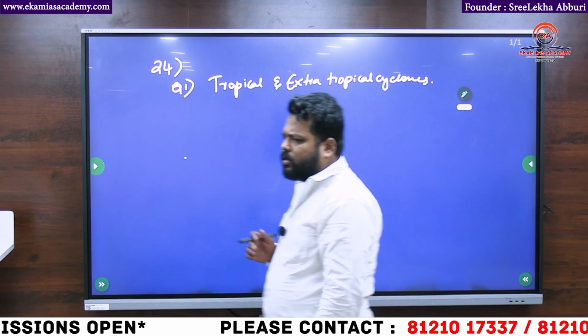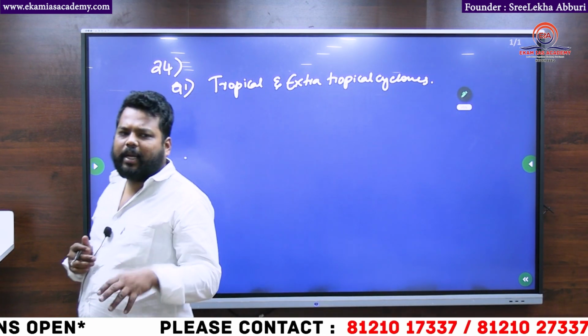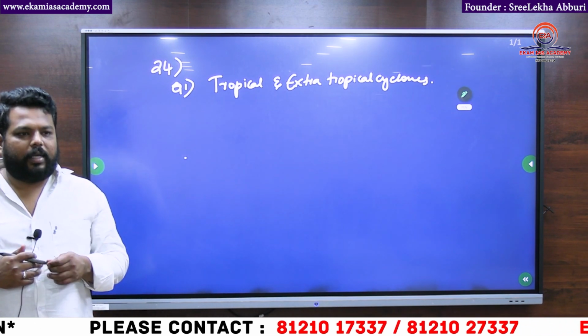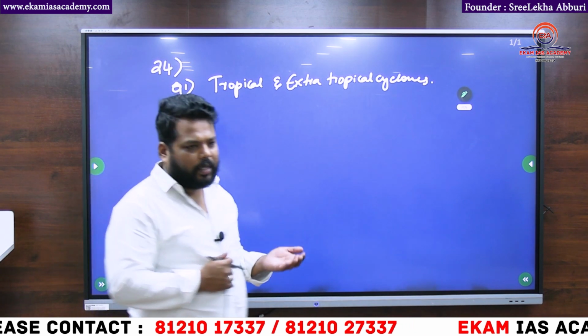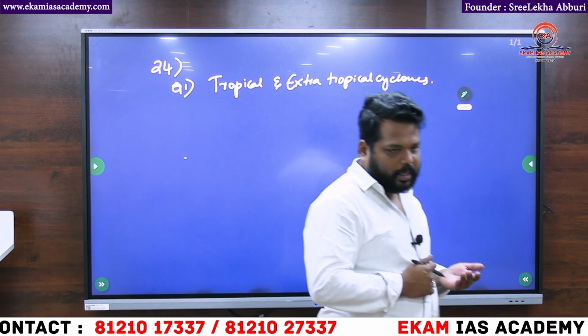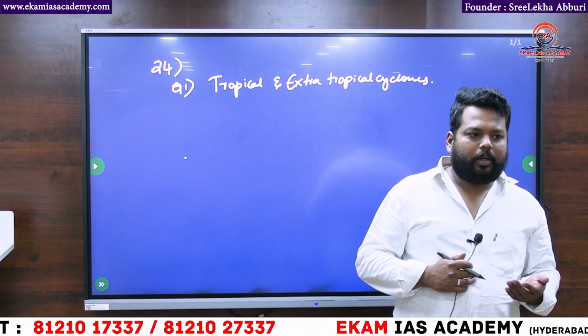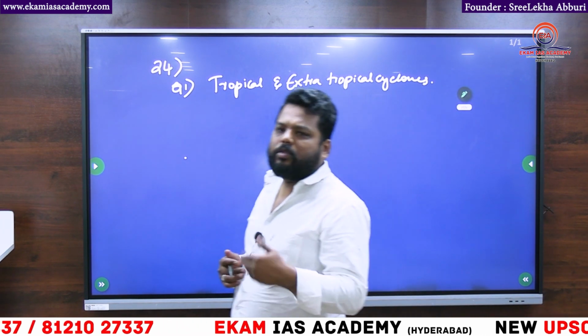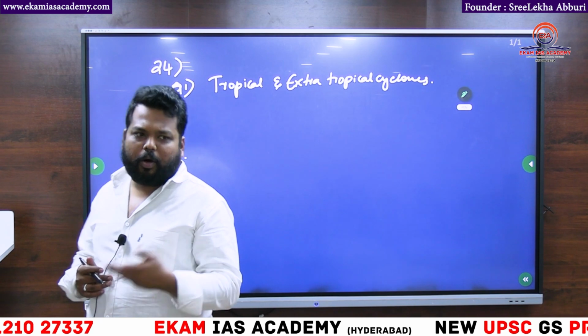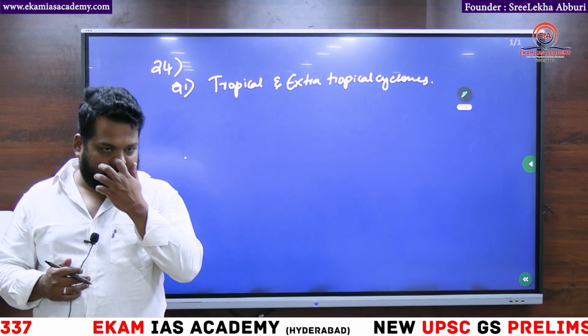And within climatology we have many topics, but cyclone as one important topic is the first priority of UPSC every time, because India being a tropical country, on its climatic aspect, tropical cyclone influence is a must. You know how the tropical cyclones would be formed.